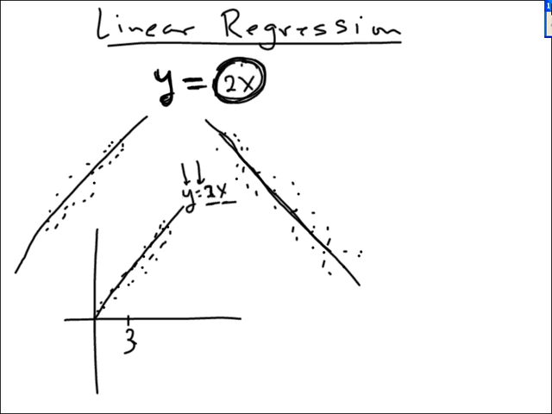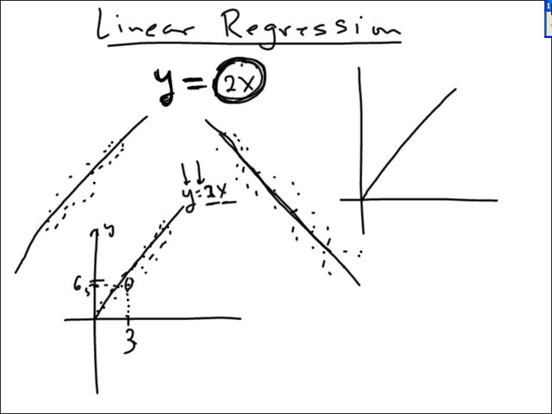And if x is 3, let's not have too many 2's, if x is 3, then we are going to claim that the y value is 6. And it looks like the point when x is 3 was more like 5. So we weren't off by much. Let me blow that up some more.